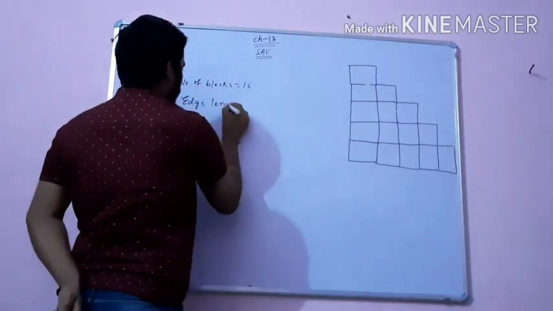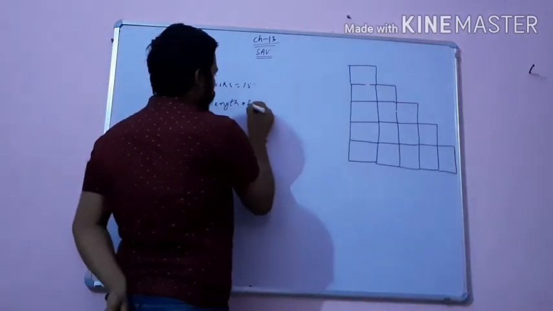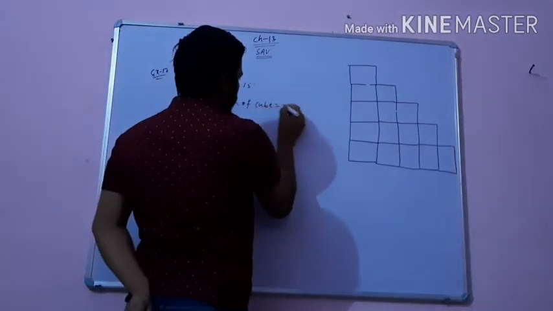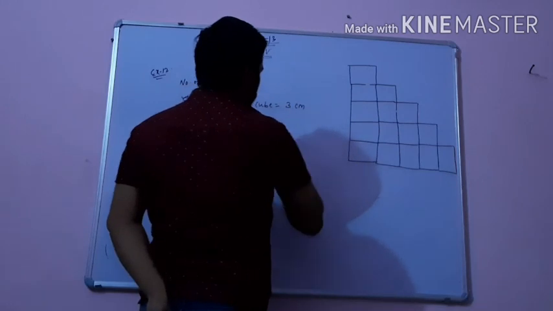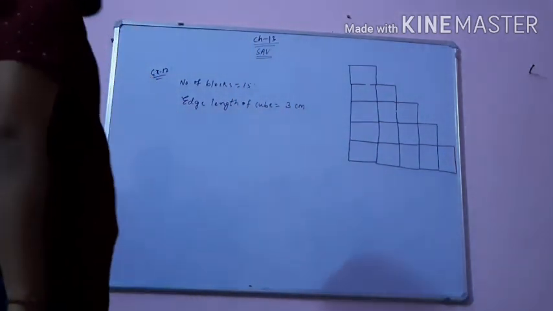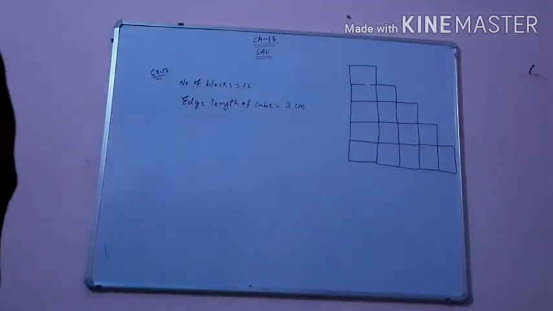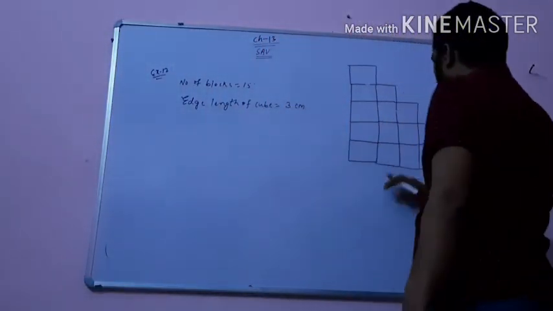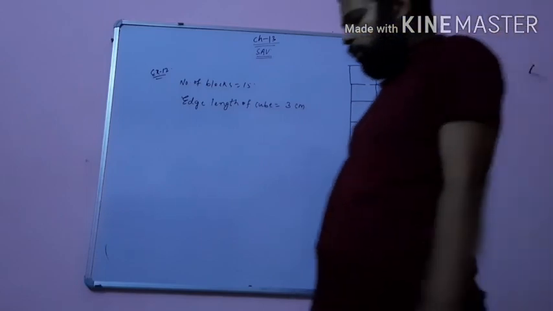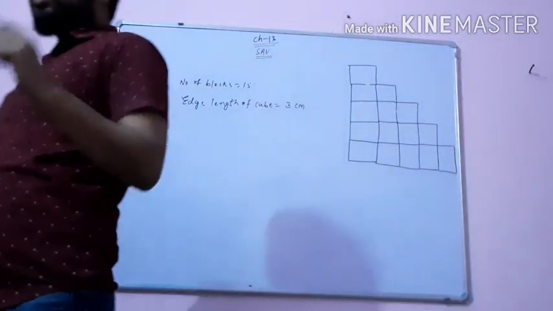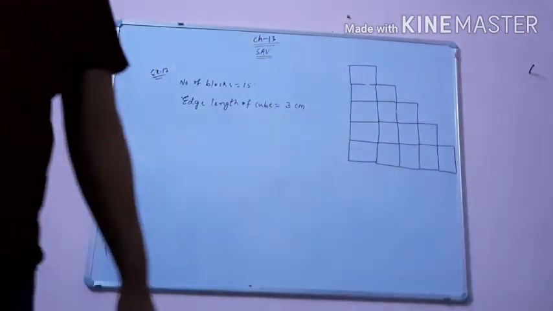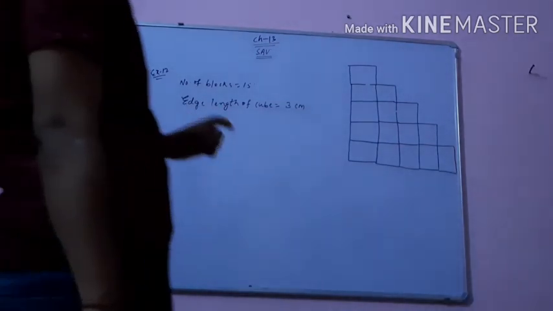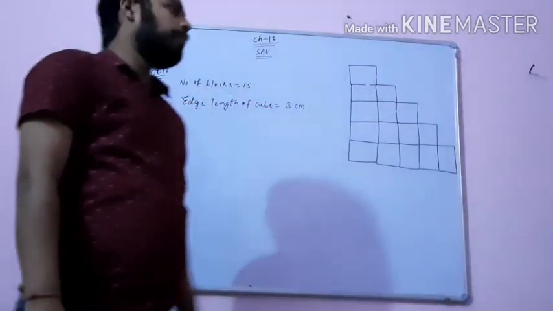Now, the length of cube equals 3 centimeter. What is the length of the cube? 3 centimeter. In this question, we have to determine the volume occupied by this structure. So the volume of this structure will be the volume of 1 cube multiplied by 15.